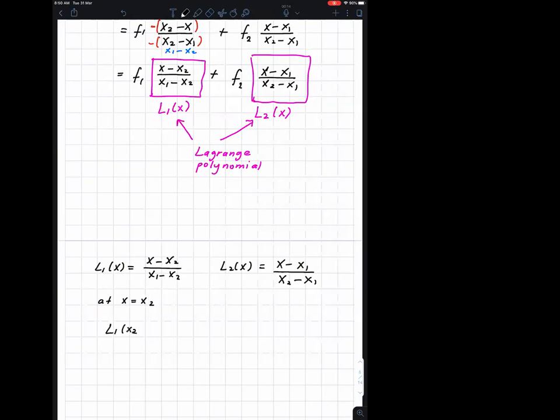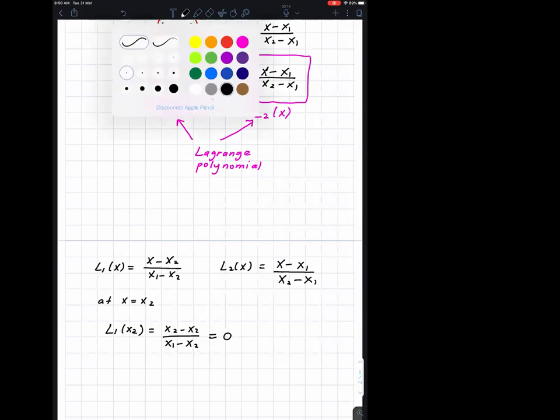We substitute the x with x2, and then we evaluate L1, and we result in 0, right or not?